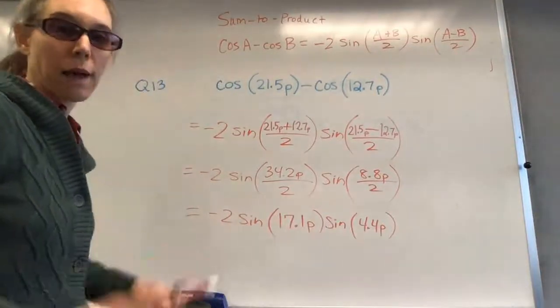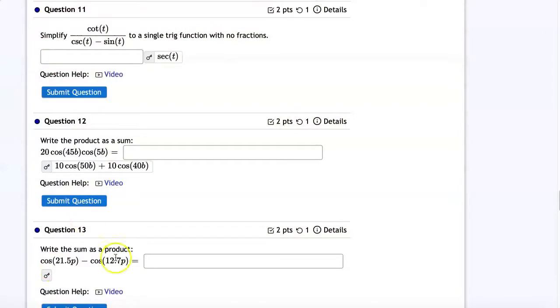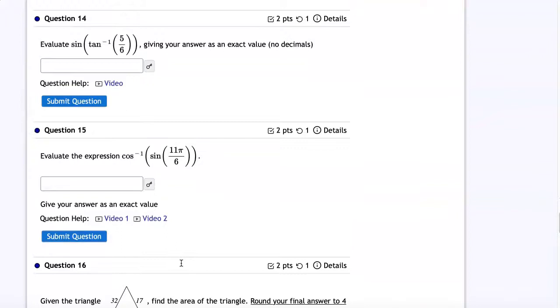So now we can go back to my open math. And we see the -2 sine of 17.1p sine of 4.4p just like we had on the board. Great. So now let's look at questions 14 and 15.